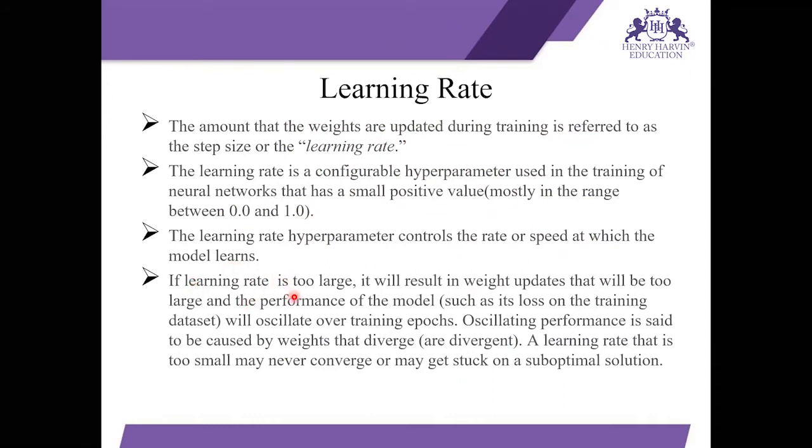If the learning rate is too large, it will result in weight updates that are too large, and the performance of the model will oscillate over training epochs. Oscillating performance is said to be caused by weights that diverge. A learning rate that is too small may never converge or may get stuck on a suboptimal solution.